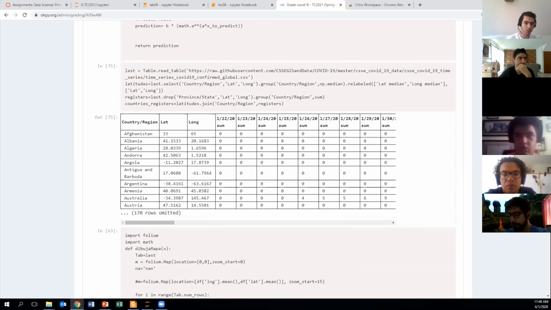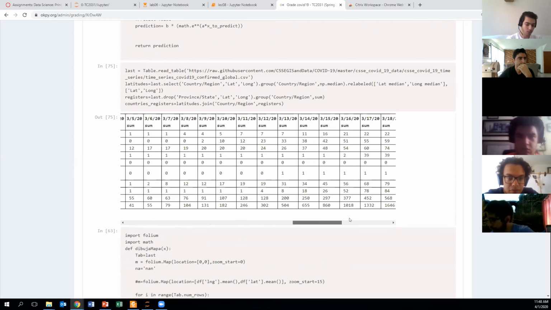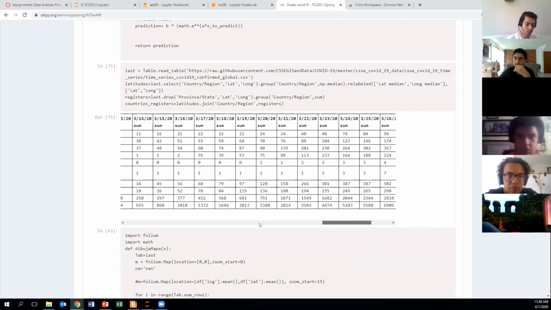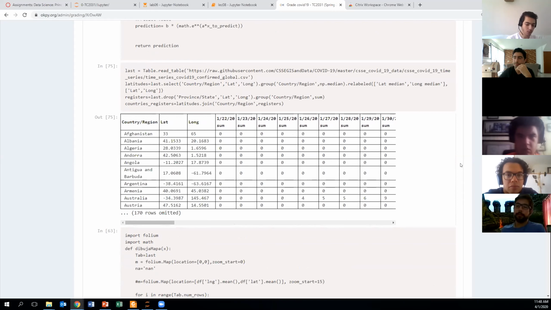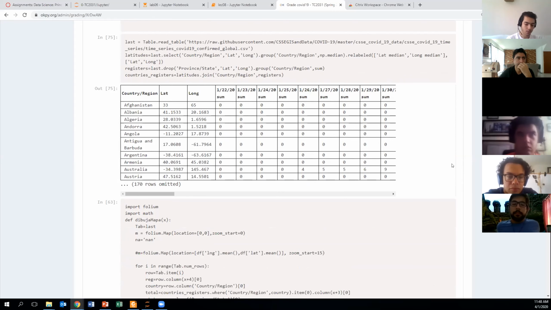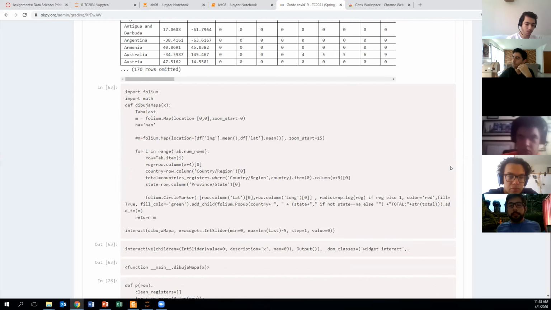Well, first, I get the table from the repository you gave us. So since it's taking the data from that URL, every day is updating. So every day we'll have the information that is registered until that day.